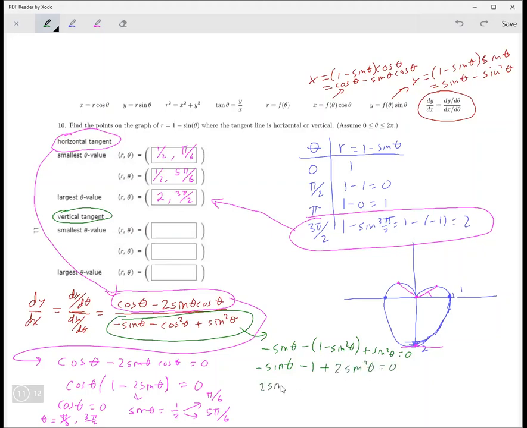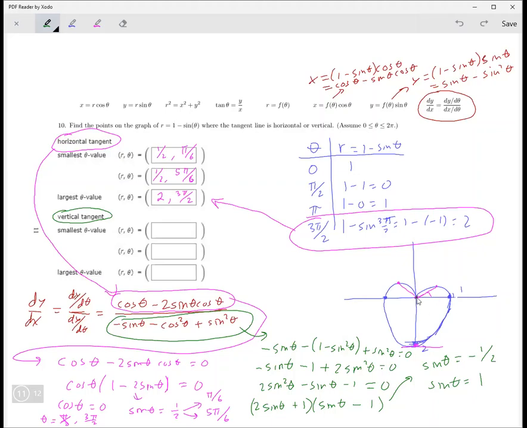Okay, so 2 sine squared theta minus sine theta minus 1 equals 0. This factors into a 1 there and a plus there. So this is giving you sine theta equals negative 1/2, and then sine theta equals 1.